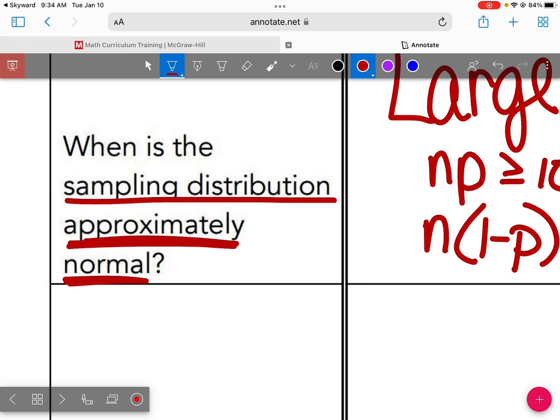What about over here when I have two populations? Law of large counts for both, yes.